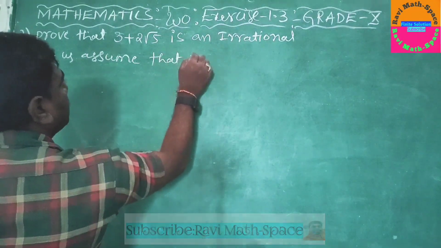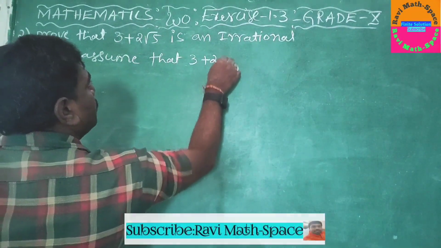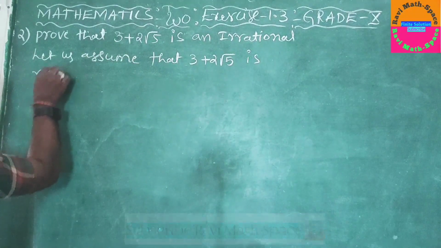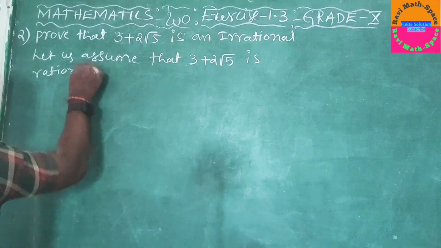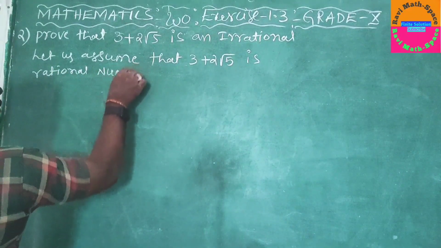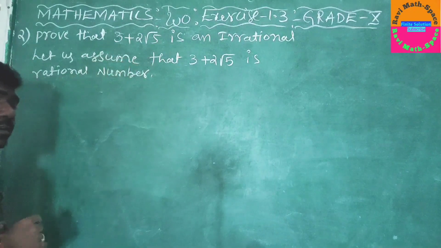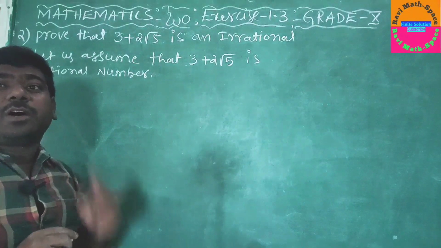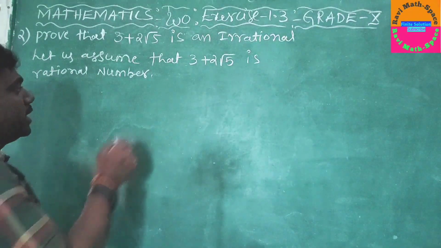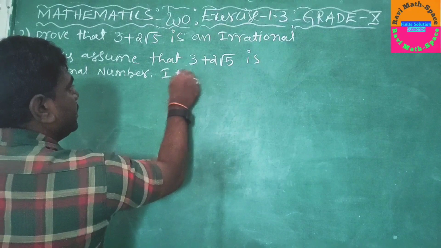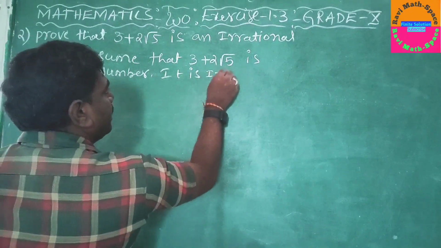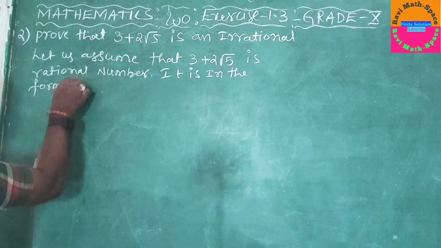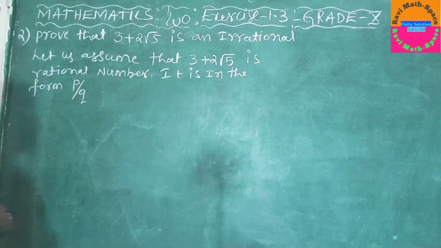that 3 plus 2 root 5 is a rational number. When it is a rational number, then it should be in the form of p by q. That condition we should write here. Yes, it is in the form of p by q.